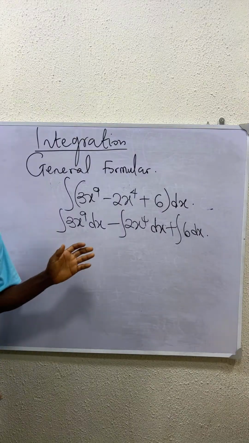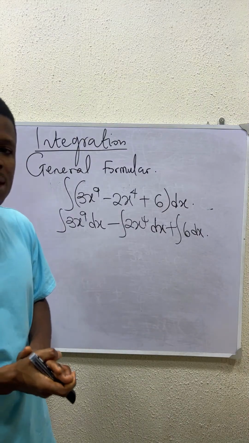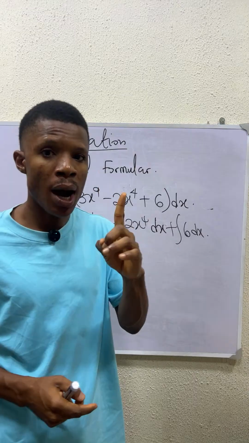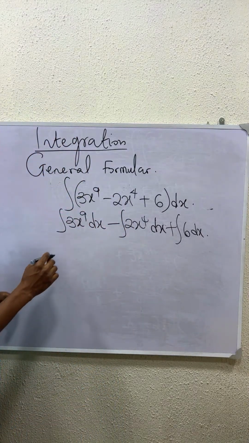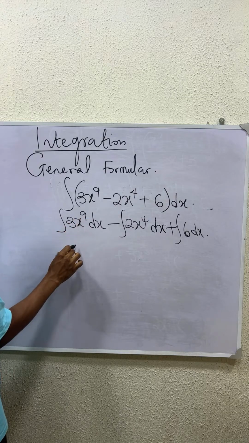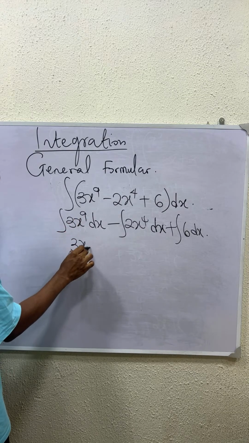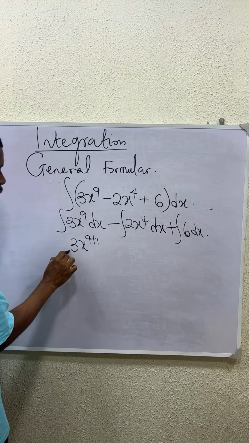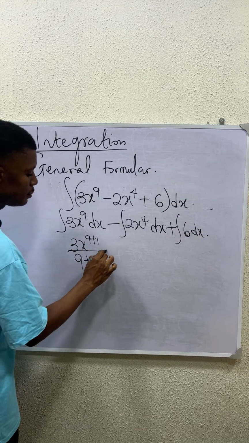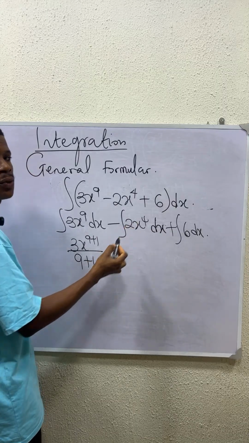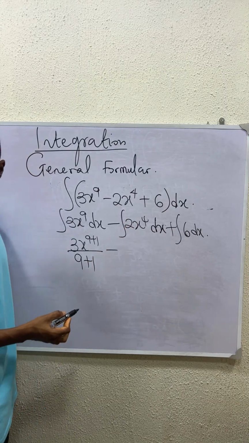So what do I tell you about integrating? We increase the power by 1 and divide by the new power. So let's integrate the first term. Integrating 3x^9 will give us 3x^(9 plus 1) divided by 9 plus 1. Then minus integrating 2x^4.